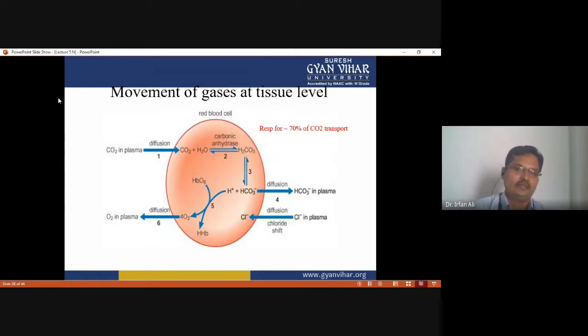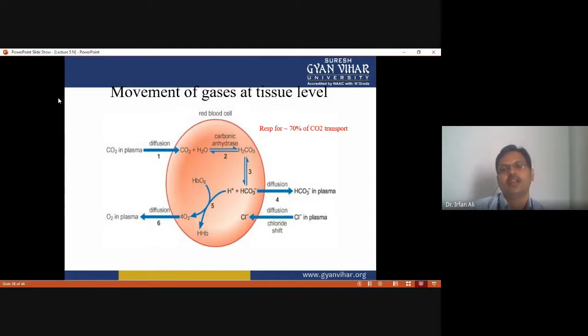And you know that carbonic acid is a weak acid, so it dissociates into bicarbonate ion and hydrogen ion. And here, the hydrogen ion helps to reduce the hemoglobin. Okay, and this helps to deliver oxygen into the blood.